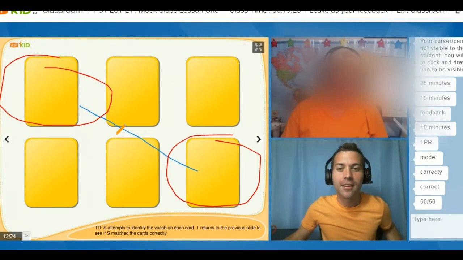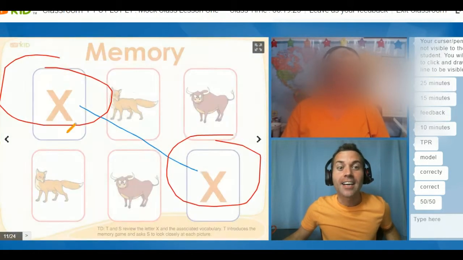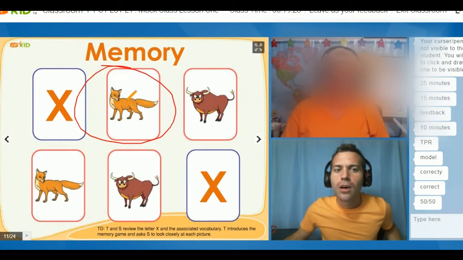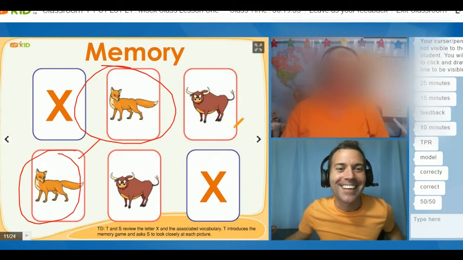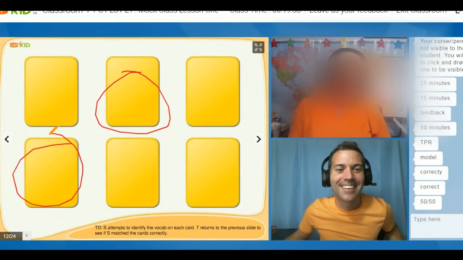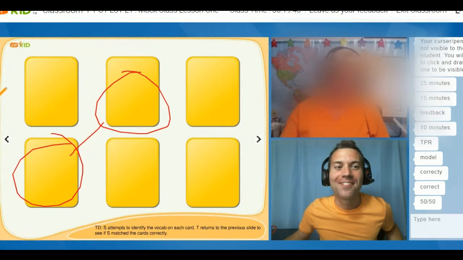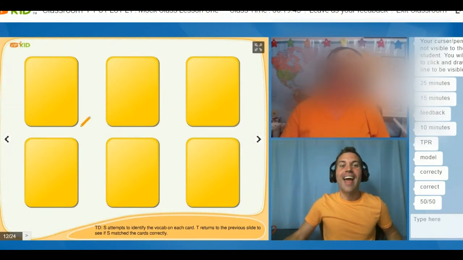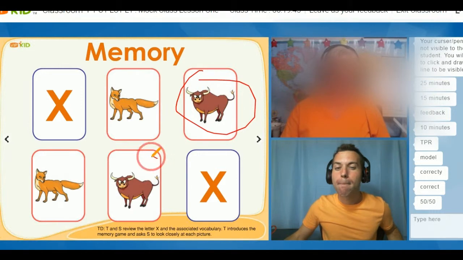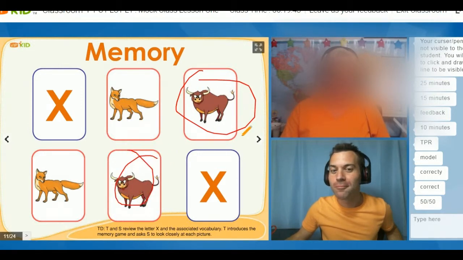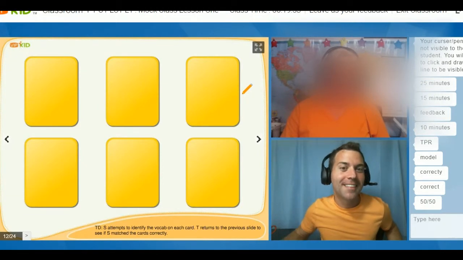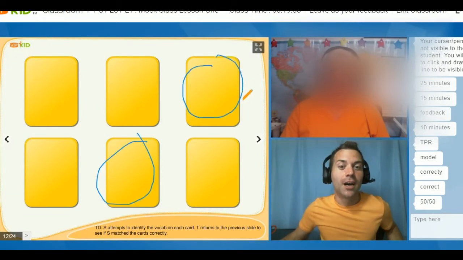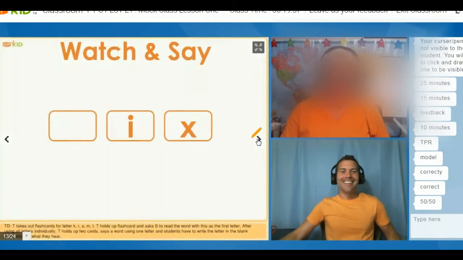I see X. Good. Ox. Yes. Good. And ox. Ox, ox. Good.